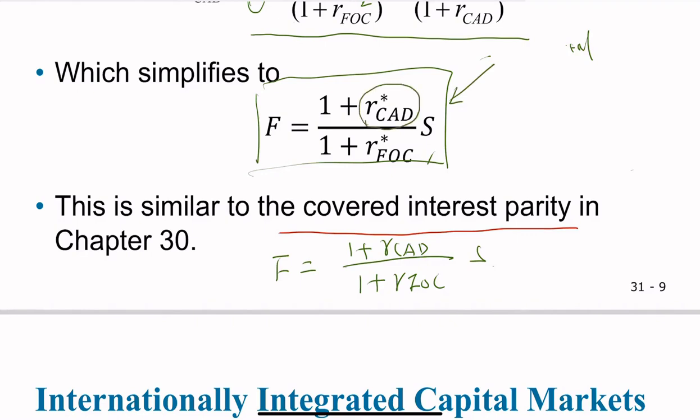And this is the cost of capital in Canada. And for the covered interest parity from chapter 30, this is the risk-free rate in Canada. So basically you have two different kinds of interest rates in these two formulas.